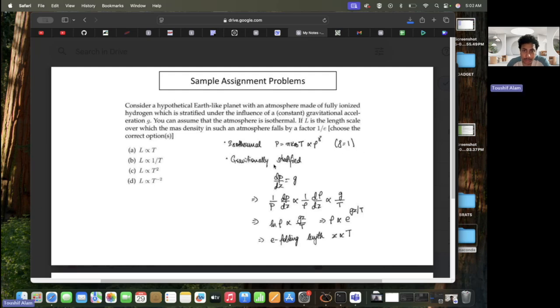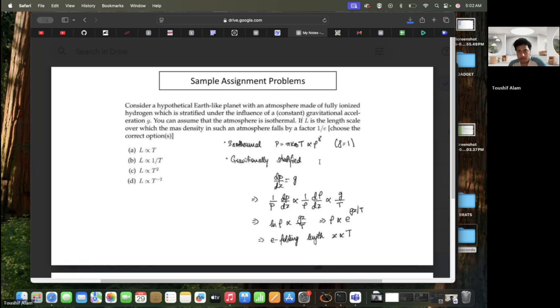Right. So gravitationally stratified pressure will be dP dz equals minus rho g. Okay. So dP by P is 1 by rho d rho dz, which is proportional to g by T. Here gamma is 1.